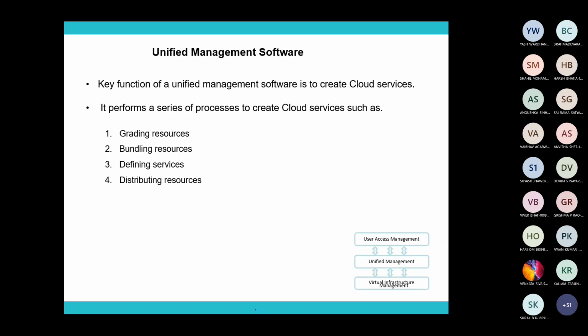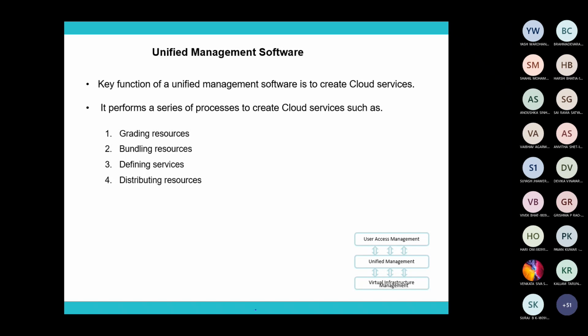Whenever we talk about creating a service, it involves a set of processes. What are the different processes? They are grading resources, bundling resources, defining resources, and distributing resources. What is grading resources? We already discussed that.